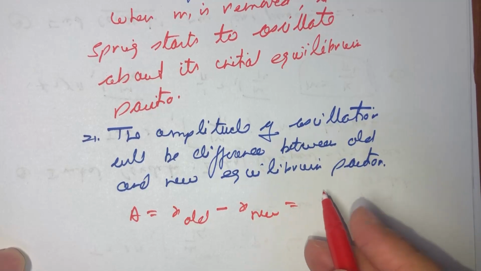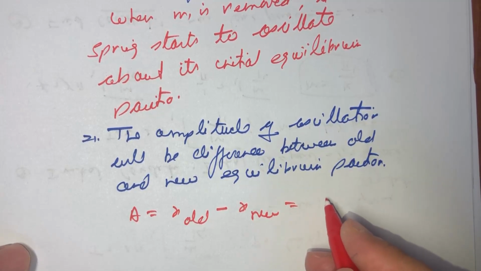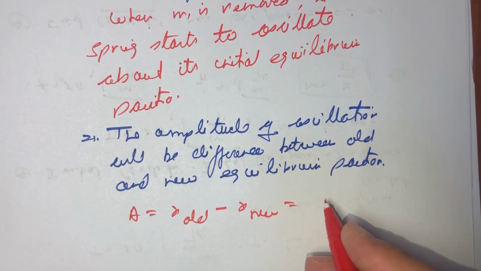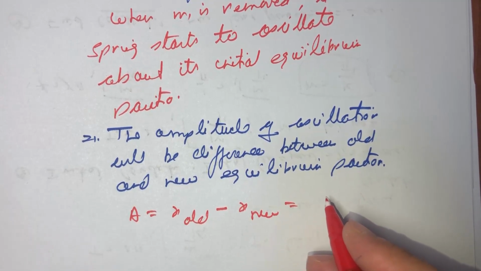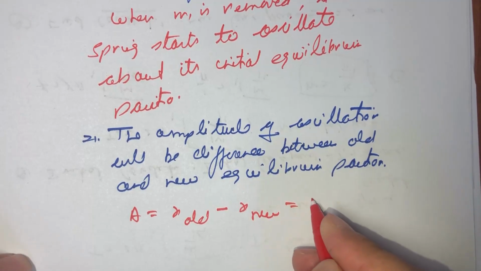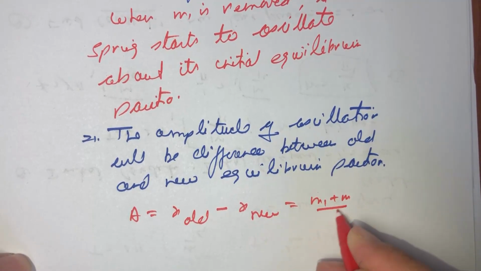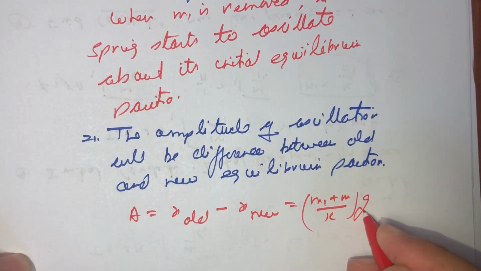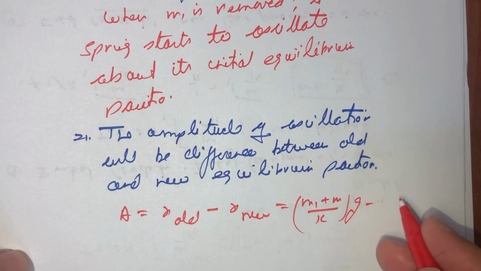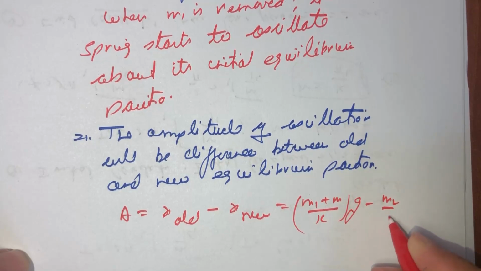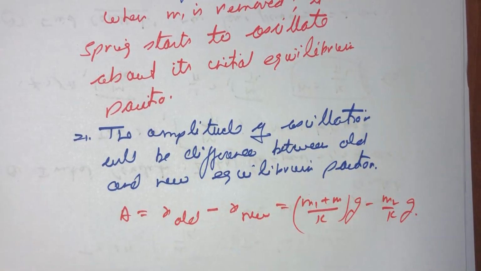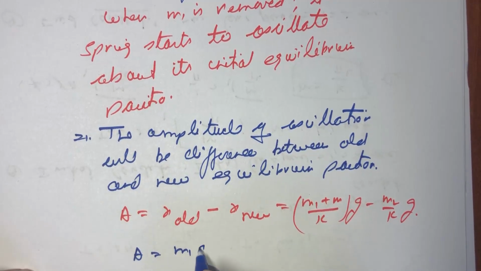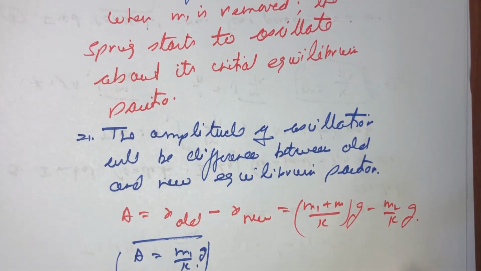Substituting the values, x old is m1 plus m2 divided by k multiplied by g, and x new is m2 divided by k multiplied by g. If we solve it, we get A equal to m1 upon k multiplied by g. So this is the value of the amplitude.